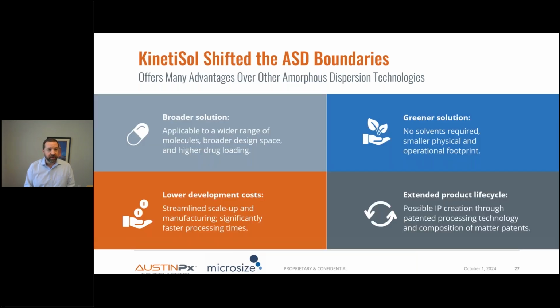So in summary, KinetiSol itself has shifted the ASD boundaries in enabling streamlined scale up in manufacturing, allowing us to significantly faster process a material not only in the chamber and render products amorphous, but through the development cycle.